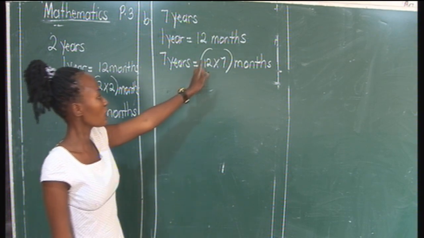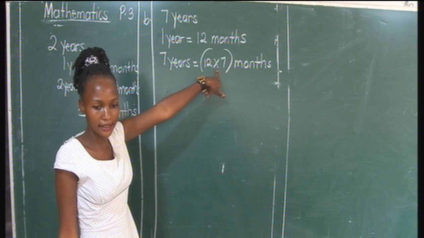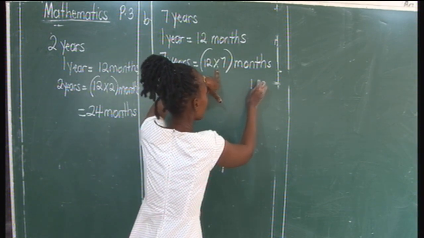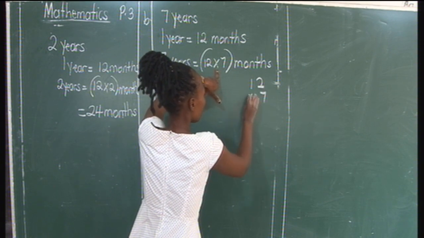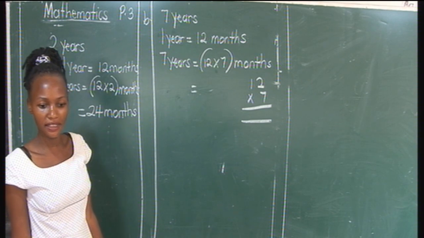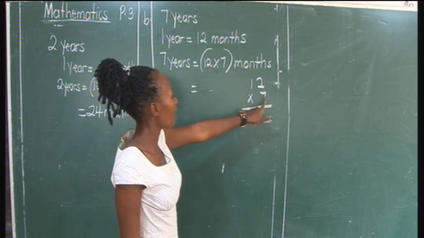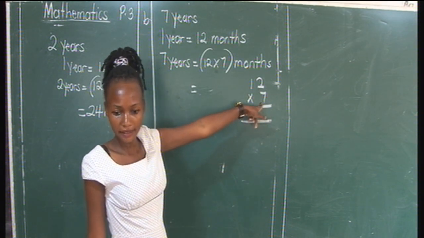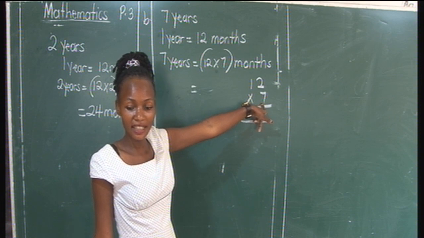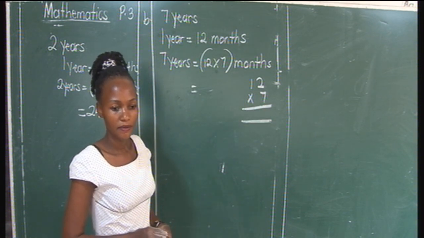And if you cannot multiply this number, you are free to write it vertically. You can write it here like this, 12 times 7. Now here we have 2 times 7. Can you tell me the answer? 2 times 7, what do you get?